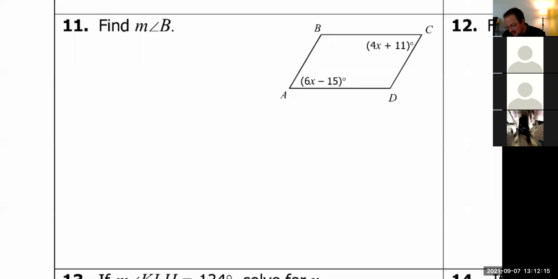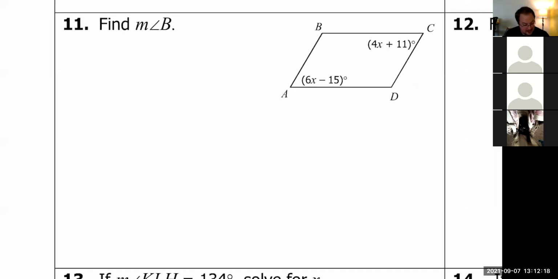Number 11, switching gears here a little bit, now looking at angles in the parallelogram. Here we have angles A and C. We have expressions for each. What equation can we set up for these? I'll give you a clue.